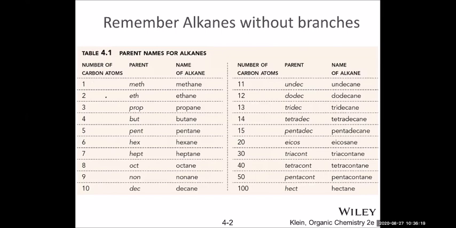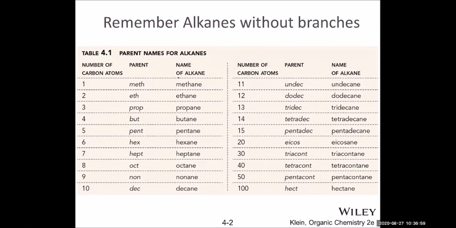Among the 10 carbons that you must memorize, the first 4 are kind of unique. One carbon is methane, two carbons ethane. The parent name comes first, and the end of the word, or suffix, is always -ane. One carbon is methane, 2 is ethane, 3 is propane, 4 is butane.